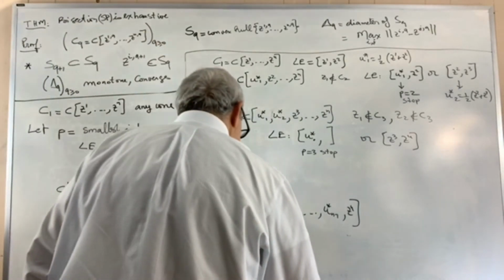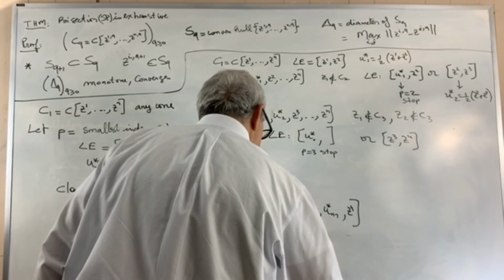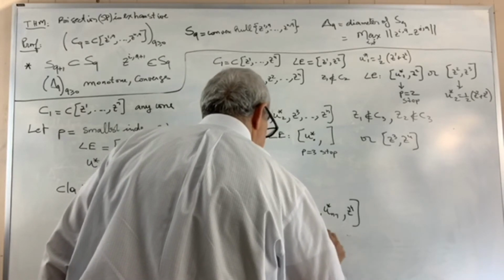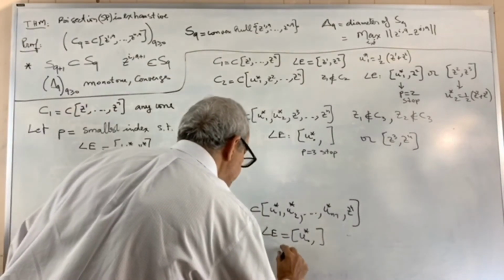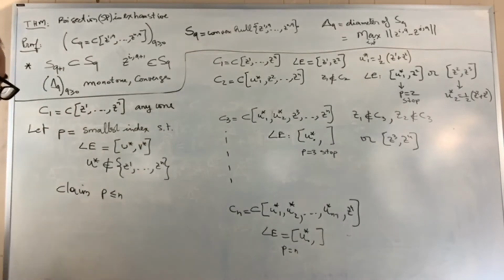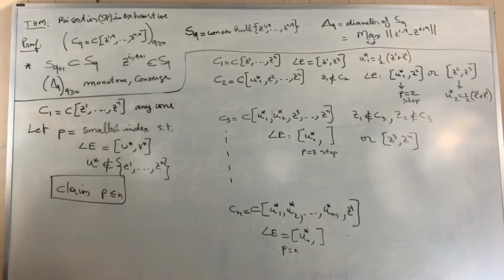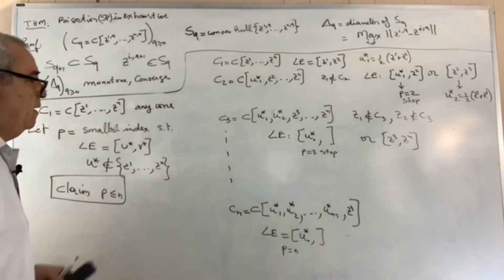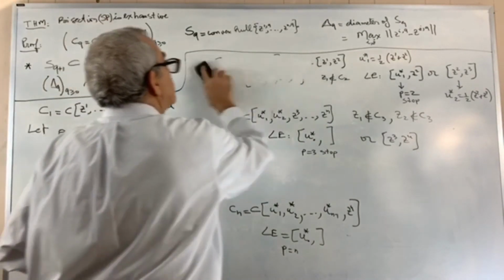The longest edge is of the form U star dot, and then some other vector. And therefore, here, P is n. Okay. So now I have proven this. So this is true. Okay. So let me erase this.